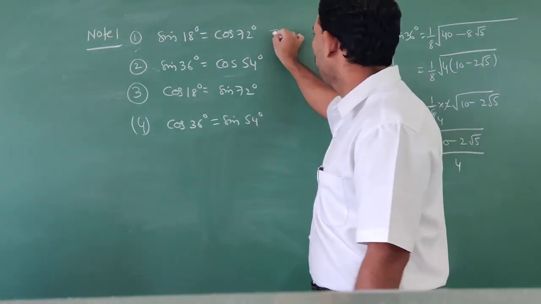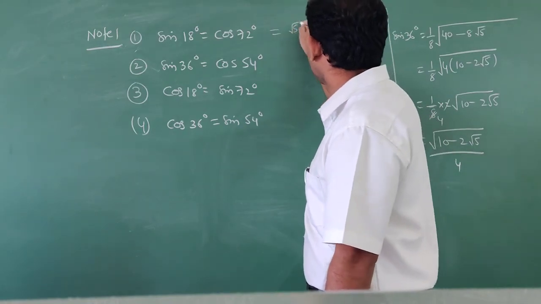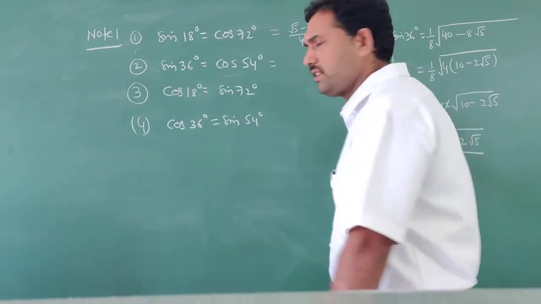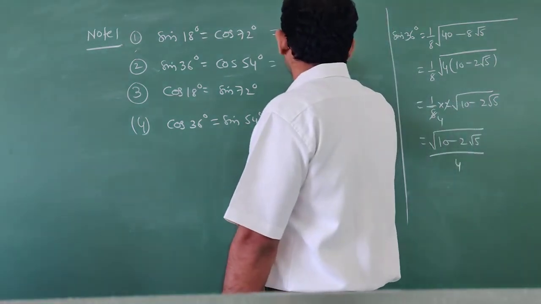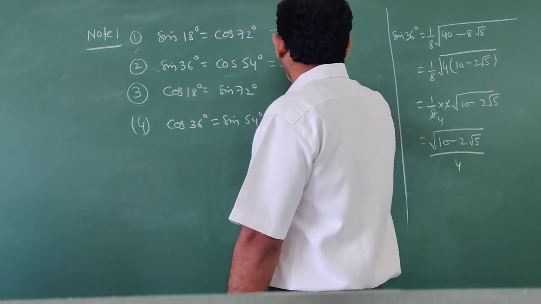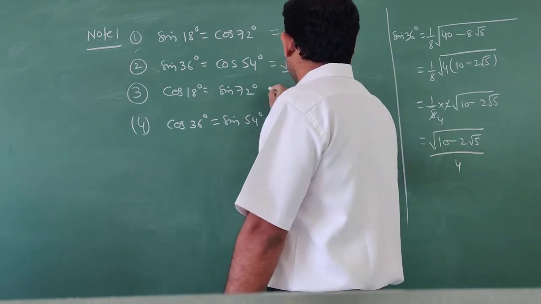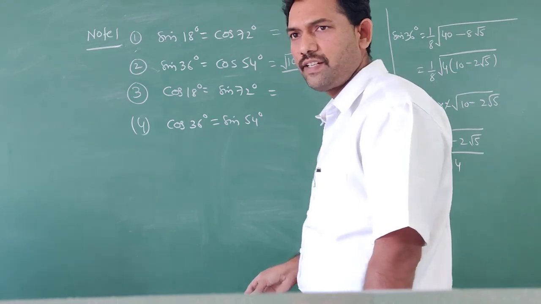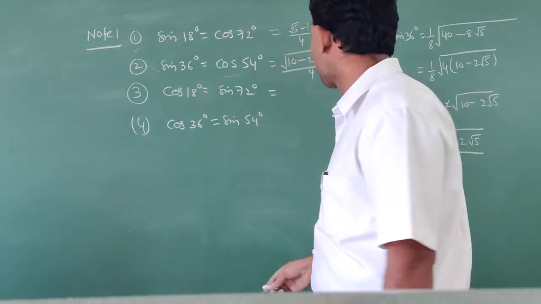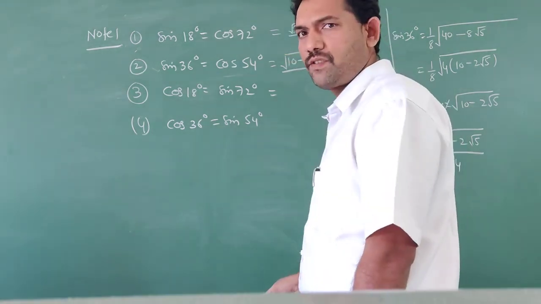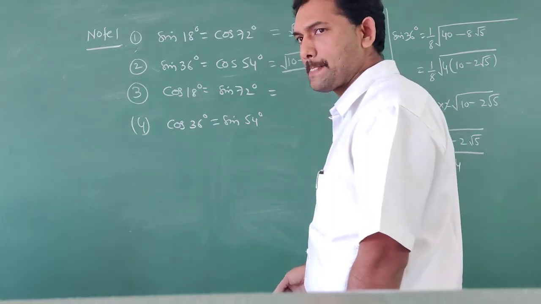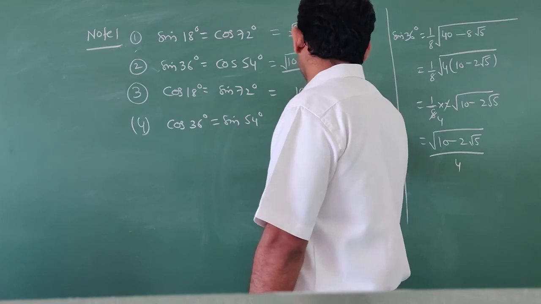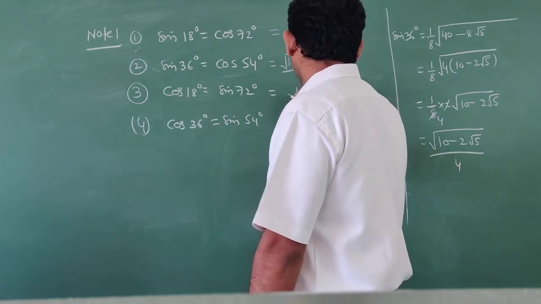So how much is this value? Root 5 minus 1 divided by 4. How much is sin 36 we simplified? 10 minus 2 root 5 divided by 4. Next cos 18 degrees value. Cos 18 degrees, how much? 10 plus 2 root 5 divided by 4.